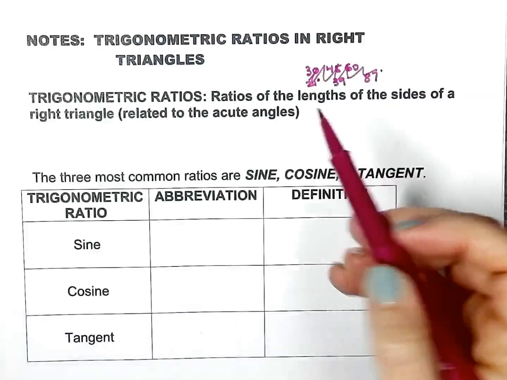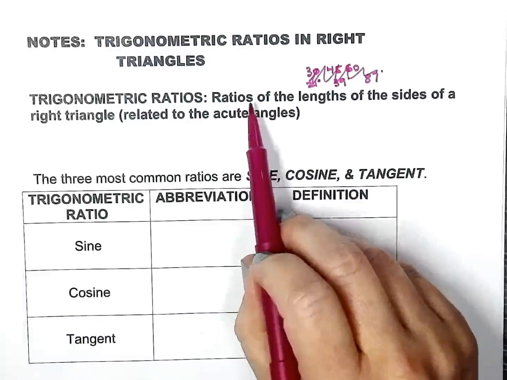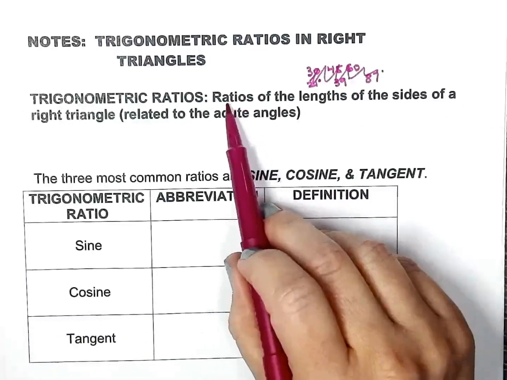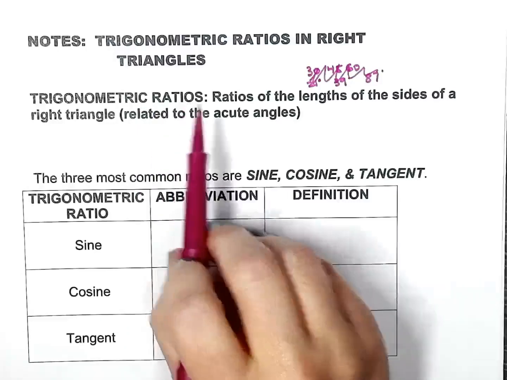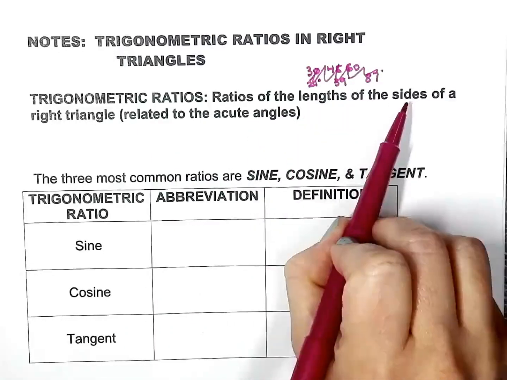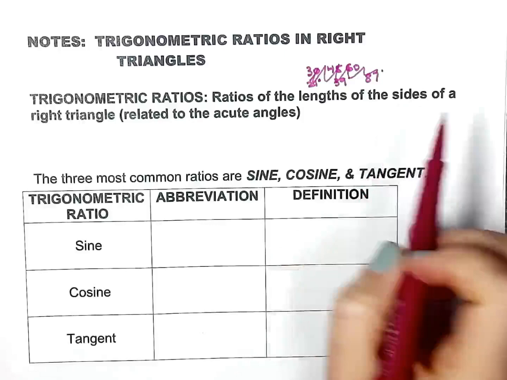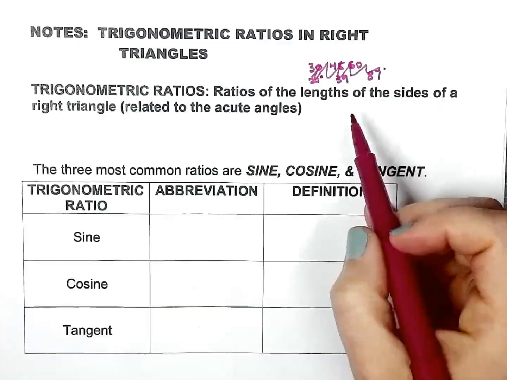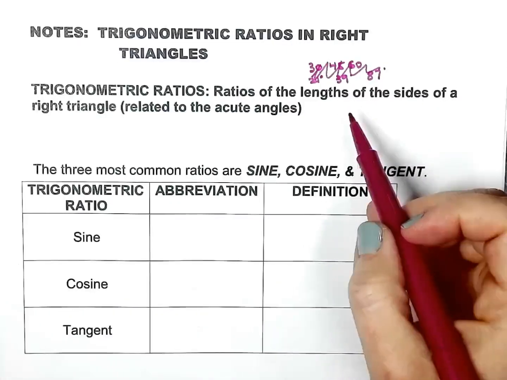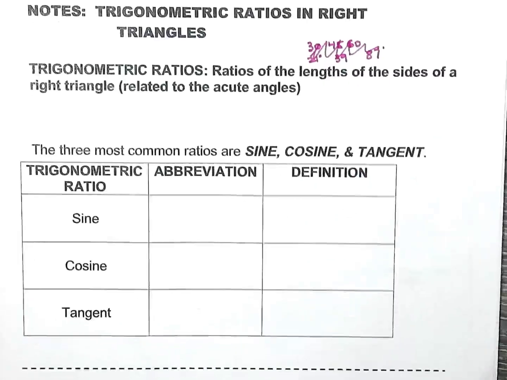So you keep hearing me say that it's the ratio, and that's really what it is. Trigonometric ratios are the ratios of the lengths of the sides of a right triangle. So we're using trigonometry to find the lengths of the sides.